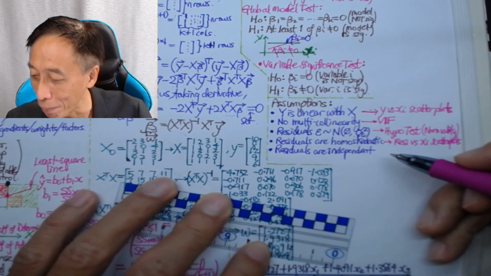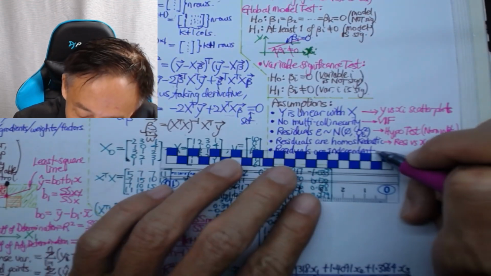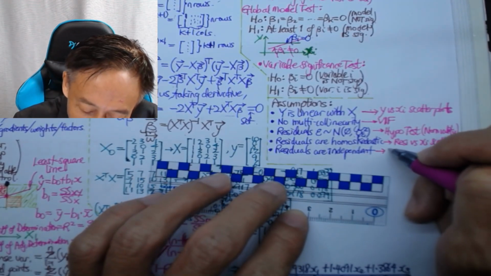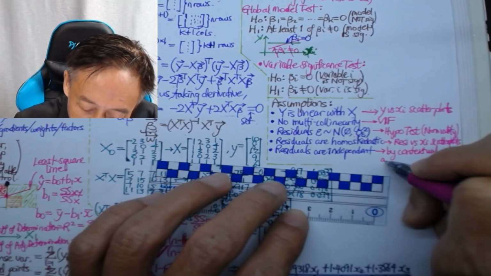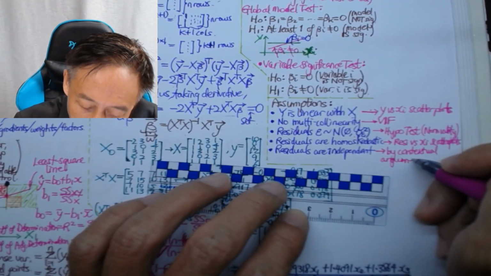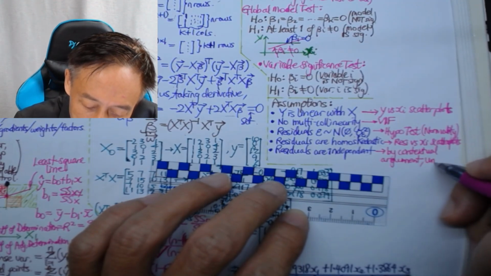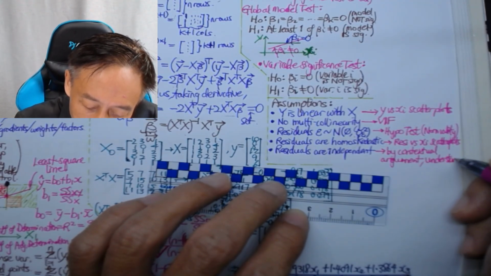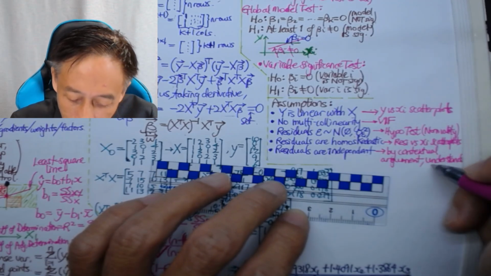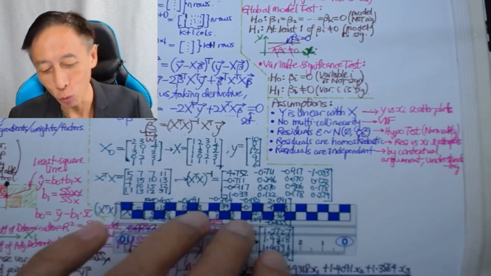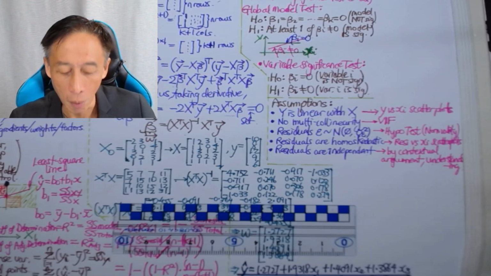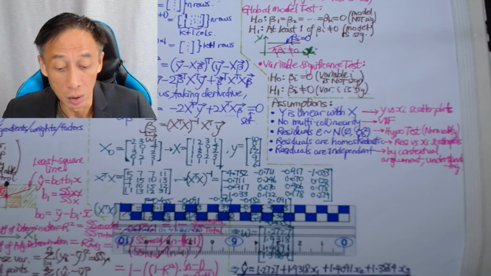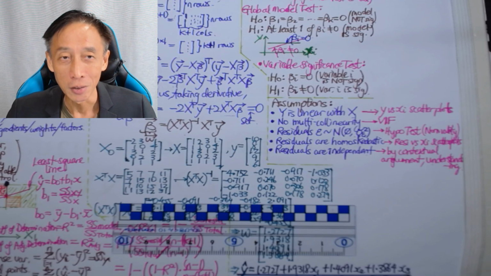And residues are independent. This one, usually we can judge by contextual argument, by our understanding, by our assumption. That means I do know enough of the measurements to say that they are independent, or rather, common understanding. So, the number of milliliters of juice I drink and the hours of sleep should be independent.